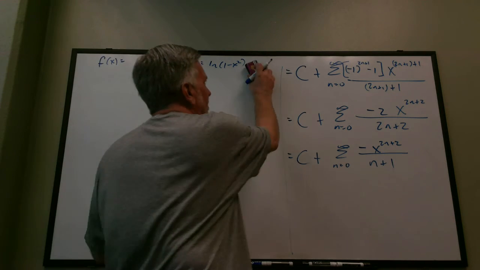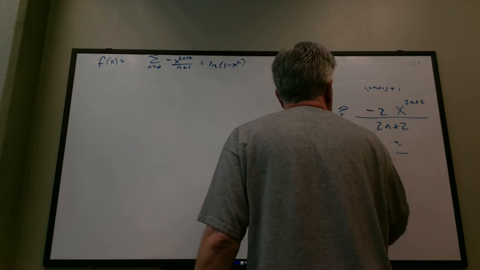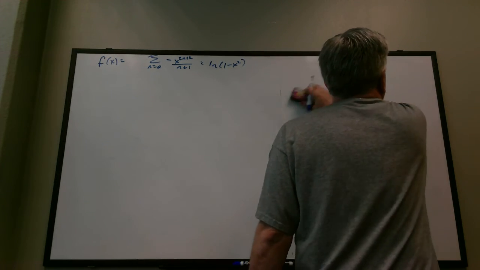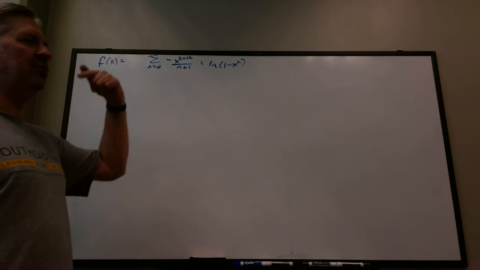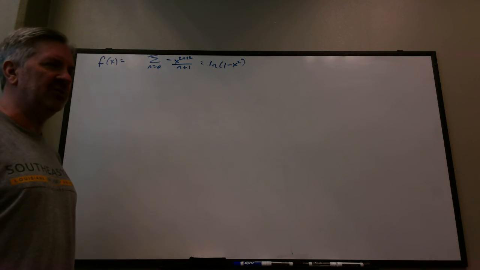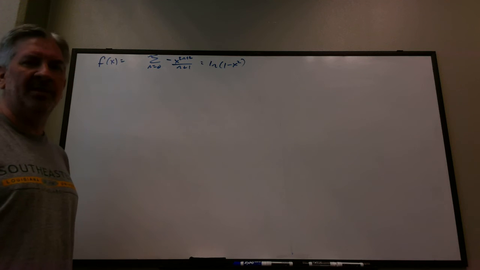Now remember, we had a theorem that said if you know the interval of convergence for a particular function, and you differentiate that function, the radius of convergence will be the same.